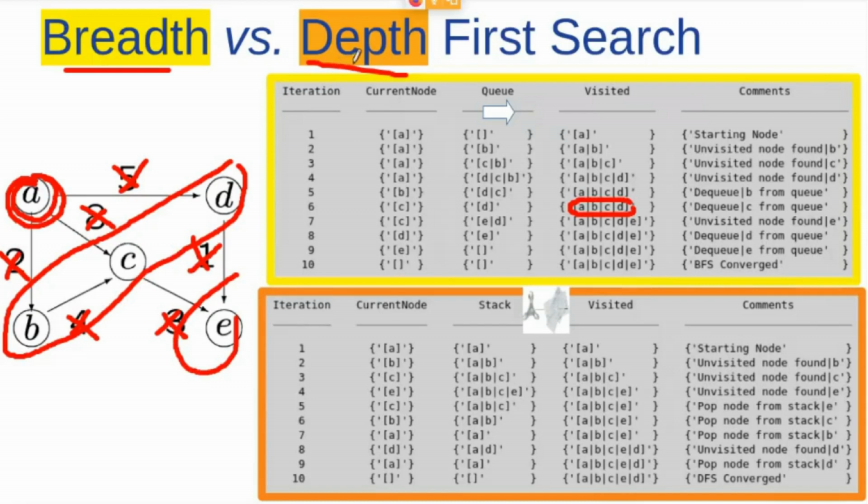On the other hand, the depth first search will be the following, will be A, B, then we will consider all the neighbors of B, the first neighbor, and the only neighbor, is C, so the list will be A, B, C, and then E. When you reach the end, you go to the following one, and then to the following one.